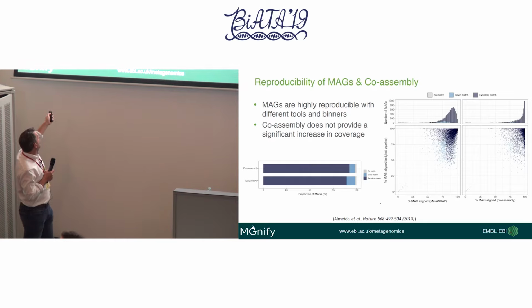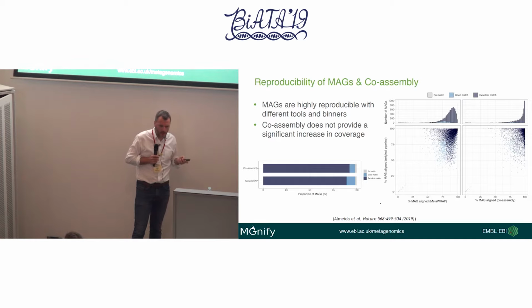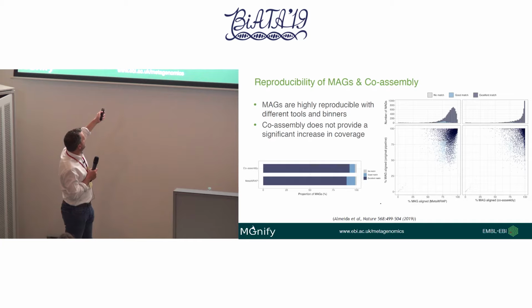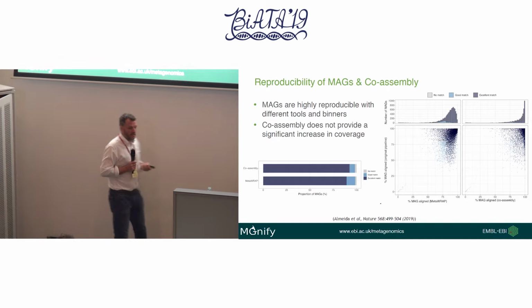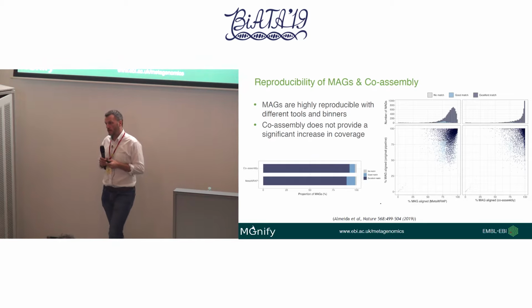Out of that 1,000, for the co-assembly, we had something like 4,000 mags that we wanted to compare to our set. We said an excellent match was where you've got more than 98% ANI and more than 80% of the genome covered.